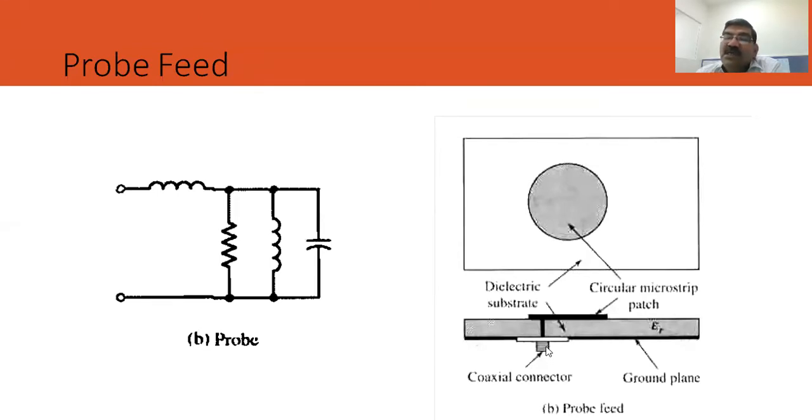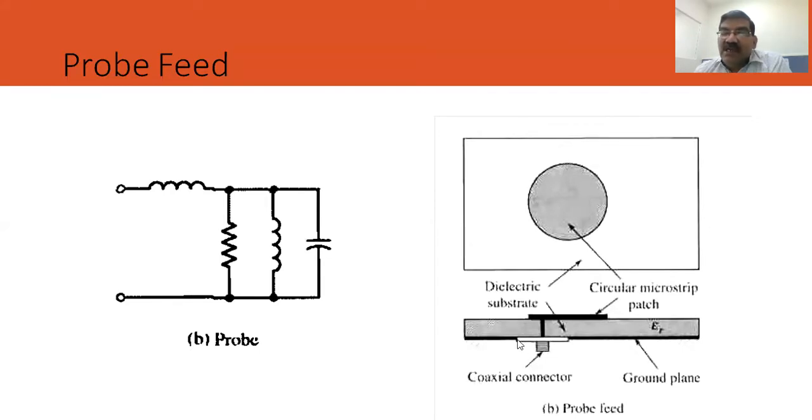This is if you want to give a coaxial line directly, the cable which you use to connect your CRO. So if you want to give a cable directly to the antenna, this coaxial connector is there.